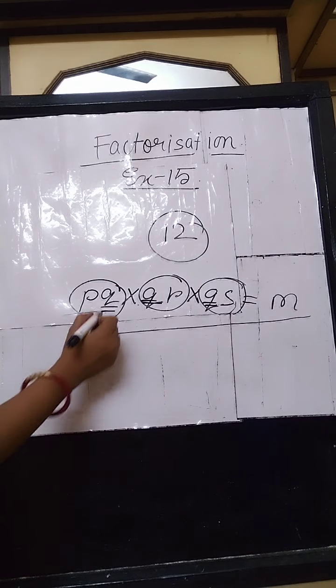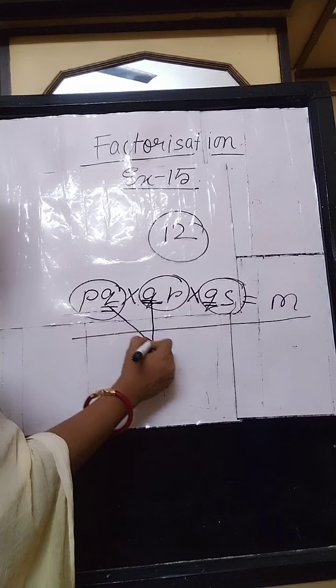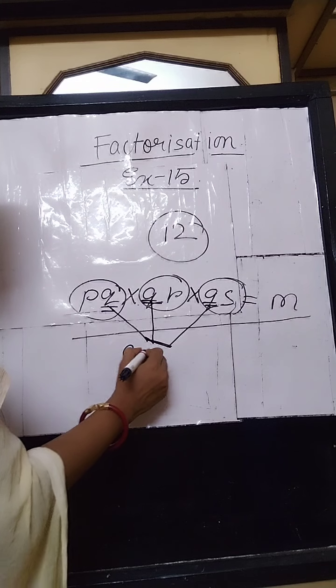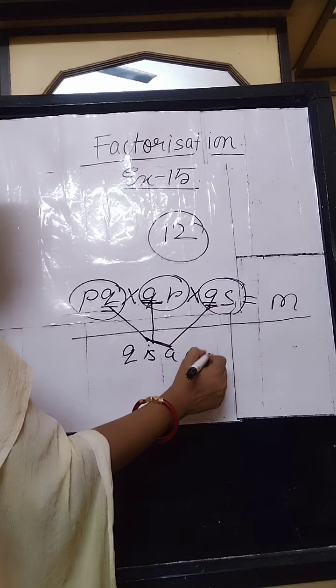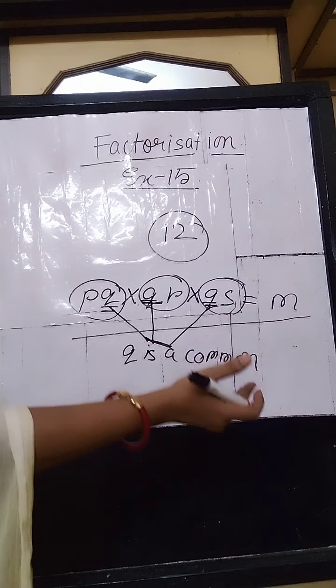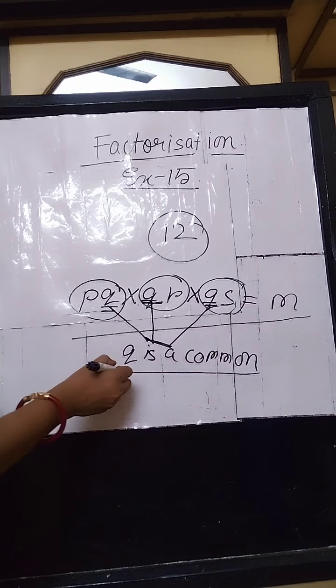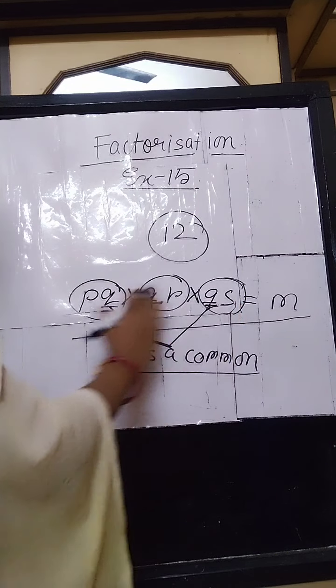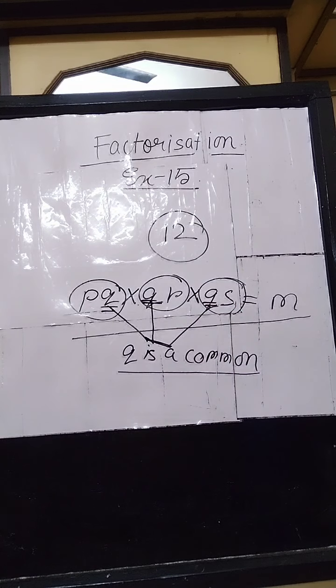Thus we can say that Q is a common factor. Why is it called common? Because of its presence in all the three factors, Q can be called a common factor. Among the three factors, Q is present all over. That's why Q is called the common factor.